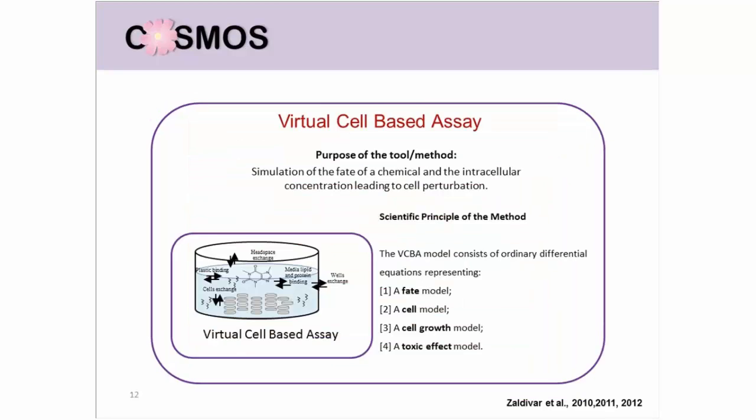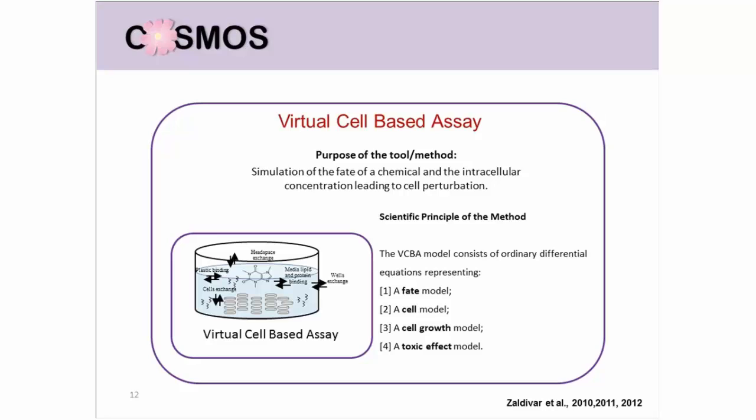The second type of biokinetic model developed was a virtual cell-based assay. This model helps you simulate the fate of the chemical within the laboratory well. So when you are in the laboratory with a 96-well plate, for instance, you see what the fate of the chemical is inside the small well.